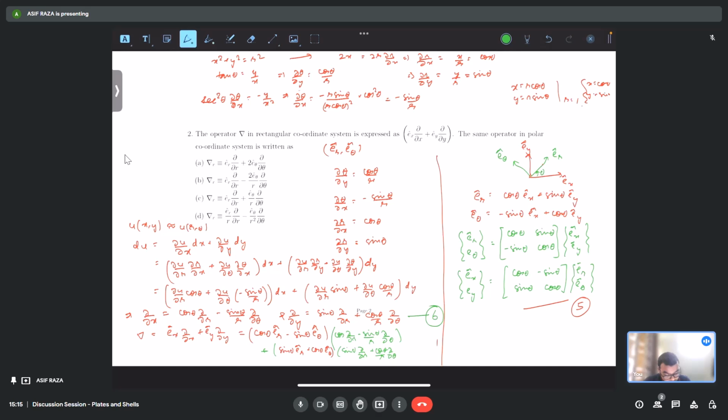So when we simplify this, we get er dou by dou r plus e theta by r dou by dou theta. Hence the solution would be option C.